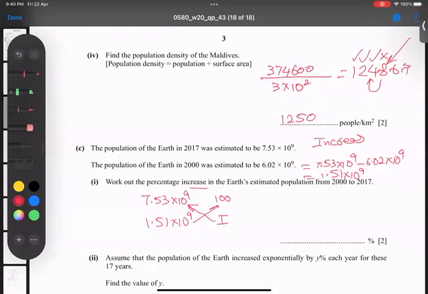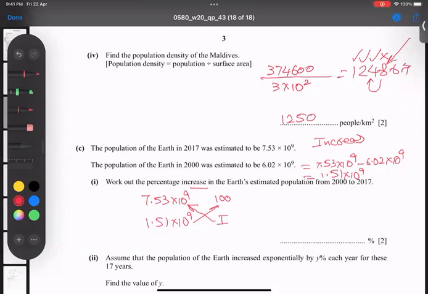So this value times 200 and divided by 7.53 into 10 to power 9. And the percentage increase I am getting is, let me recheck again. What is the change that comes? Increase, I'll check again.